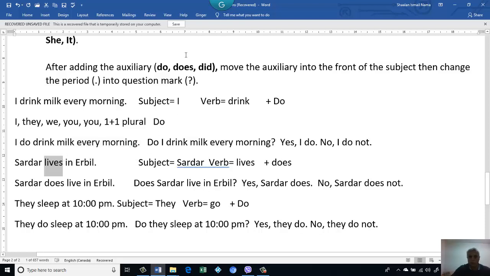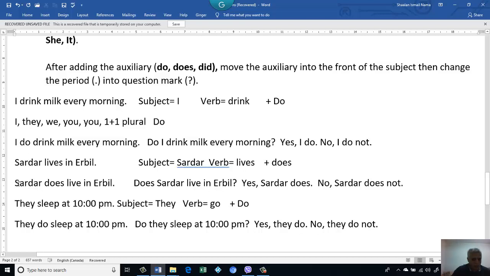Then I have to look for do or does. Then I have to go back again to check what my subject is. If my subject is he, she, or it, like Sardar, because Sardar represents he, and my verb is in the present, then I'm going to use does.